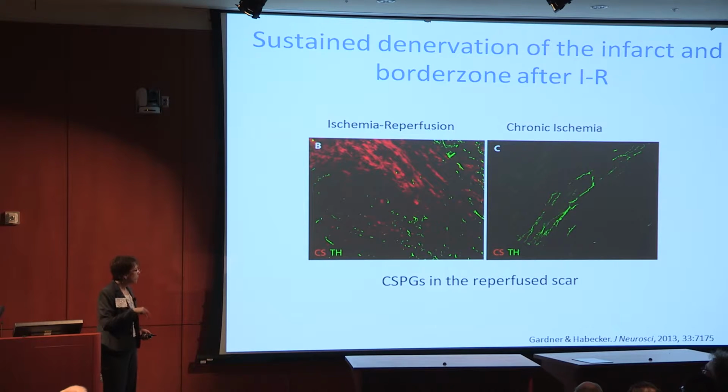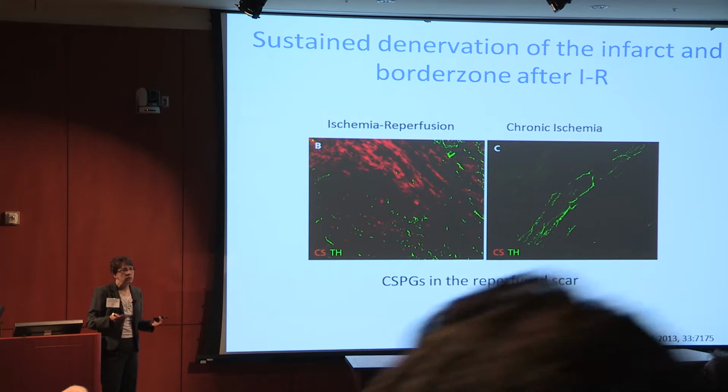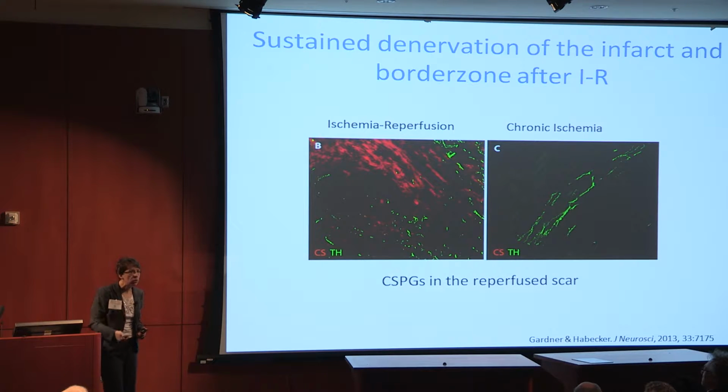These have been best characterized as being indicative of reactive gliosis in the central nervous system, so spinal cord injury scar and traumatic brain injury scar, and it turns out that these CSPGs are a really important scar component that prevents nerve regeneration in the central nervous system.